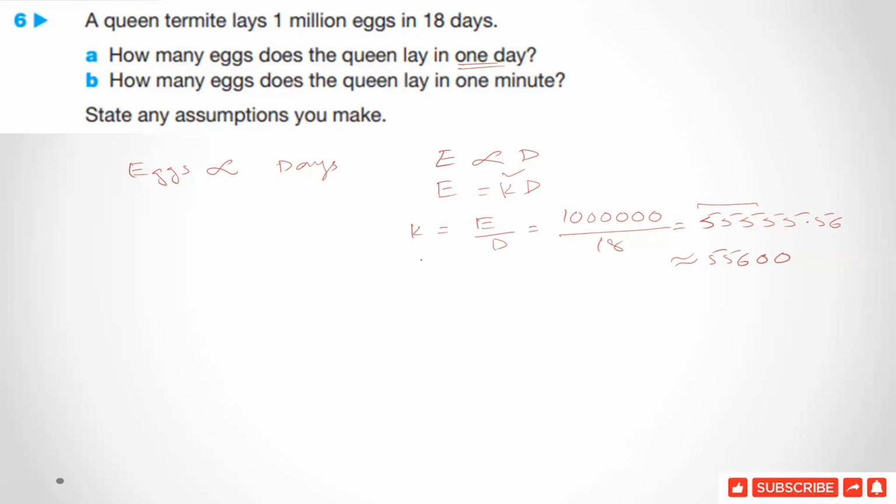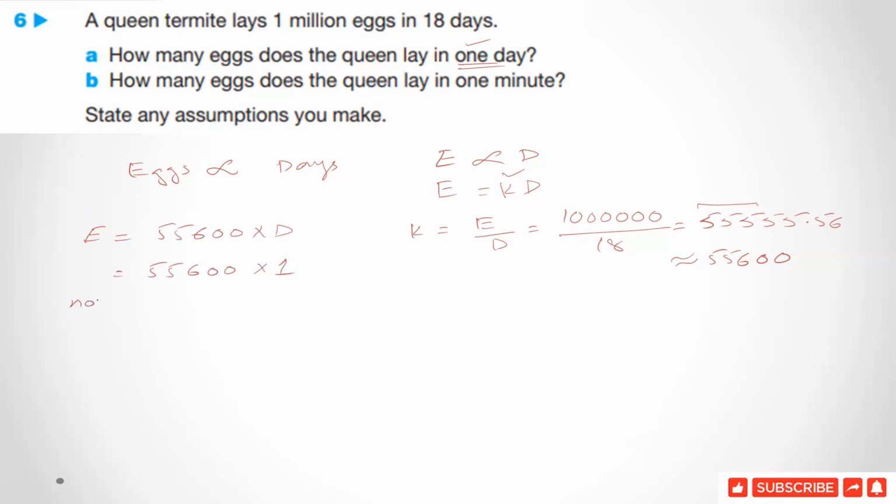Again, my relation becomes E equals 55600 times D, the days. So how many eggs are laid in one day? You have 1 day only, so 55600 times 1 will be the same.